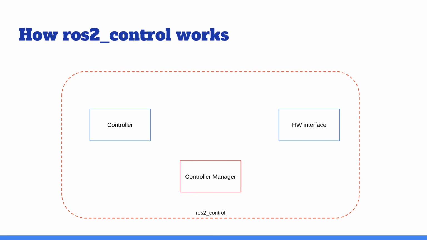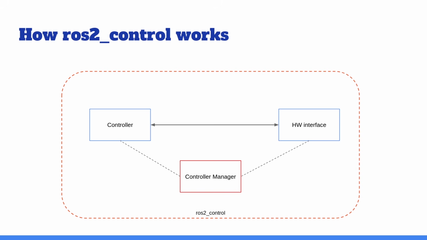You're going to have your controller, which is either something that you write yourself or an existing controller. Then you have your hardware interface, and you start everything with the controller manager. It's going to take those two, and then you can say you want to bind the controller with this hardware interface, and the controller manager is going to do all of that for you.